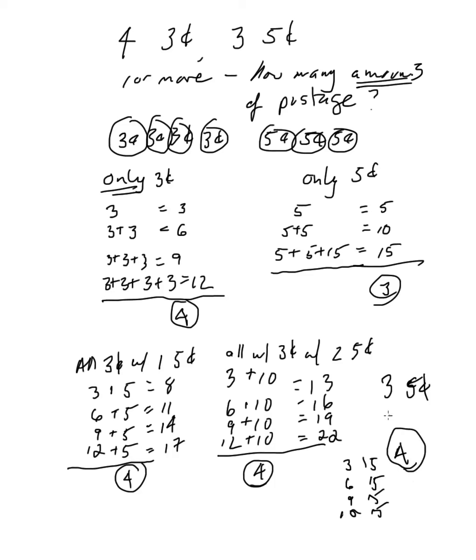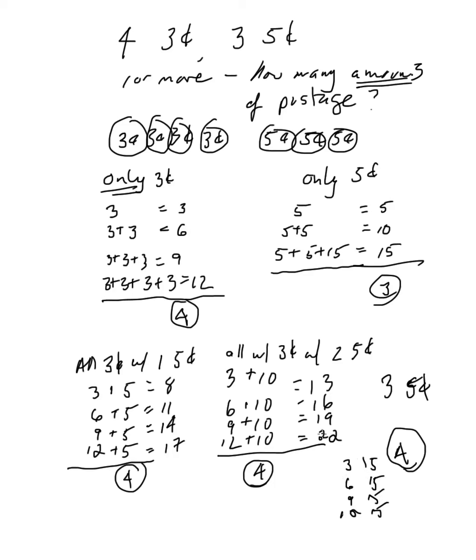So I could say, okay, looking at this, I've got 3 ways with just 5 cents, 4 ways with just 3 cents. I've got 4 ways with all of my 3 cents and a 5-cent, 4 ways with all of my 3 cents and 2 5 cents, and 4 ways with all of my 3 cents and 3 5s.